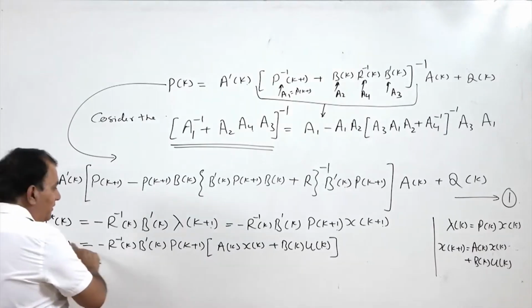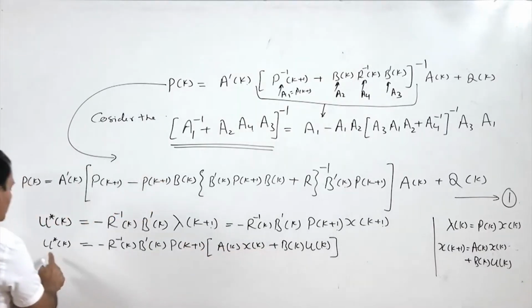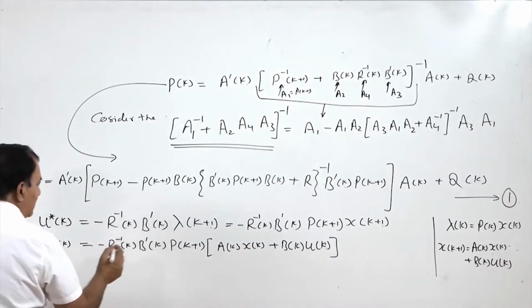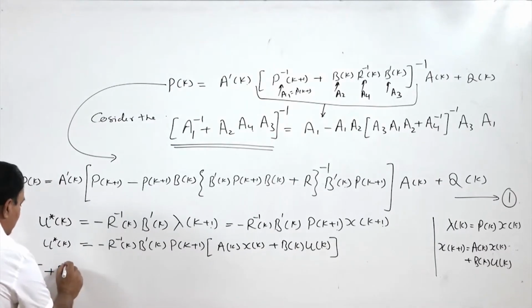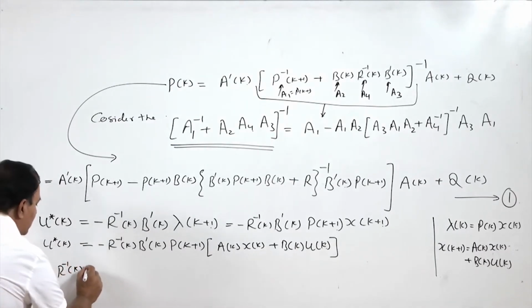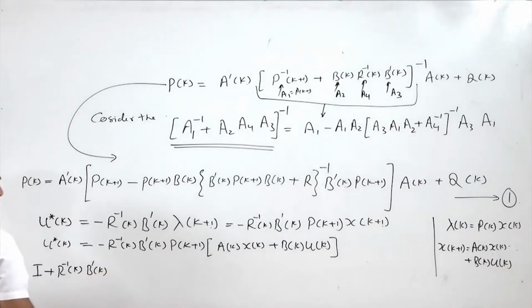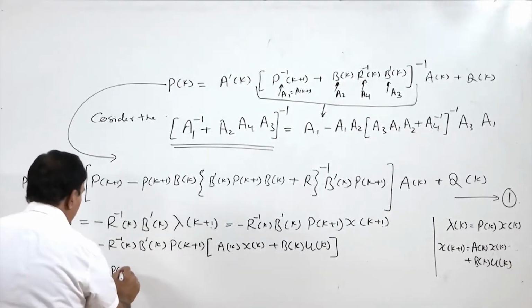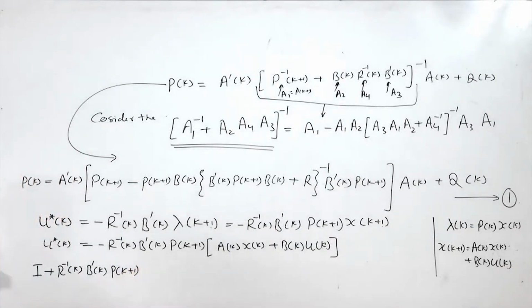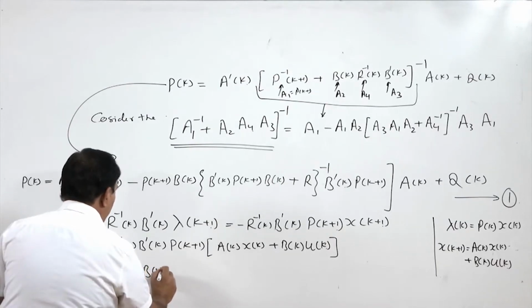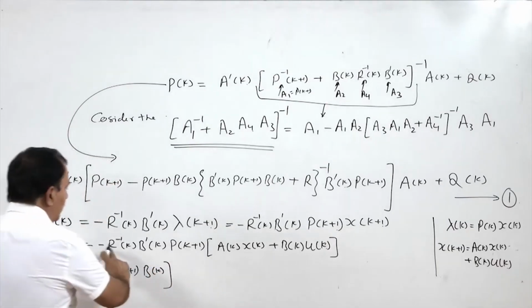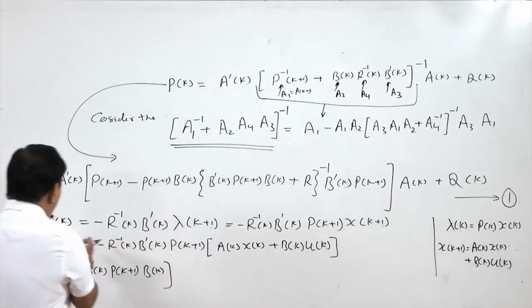So, now from this I will collect all the u(k) terms on one side. So, I can write this as I plus R inverse B prime P(k+1) B(k), because this is multiplied with B(k) u(k) and I am taking it on this side.